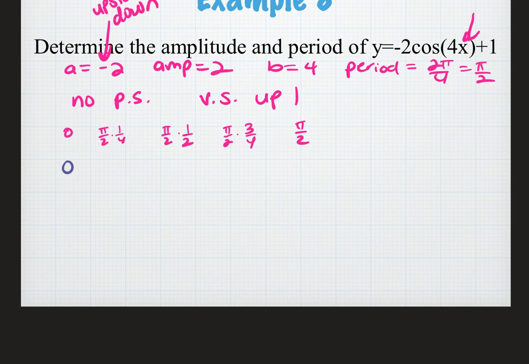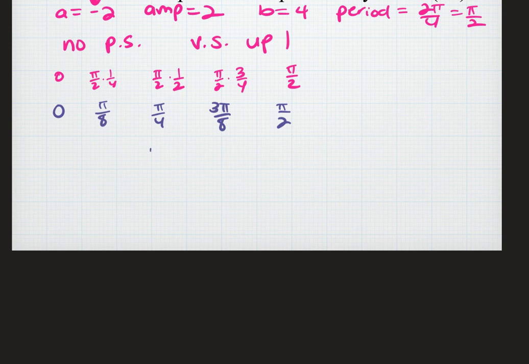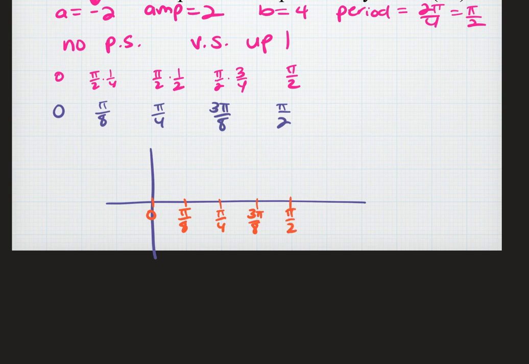So my key points are 0, pi over 8, pi over 4, 3 pi over 8, and pi over 2. There's no phase shift, so I don't need to shift these over. If there is, I would do it before I plotted them.